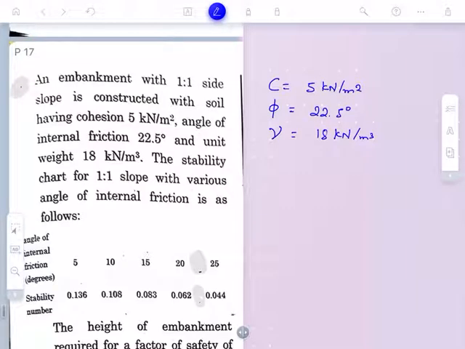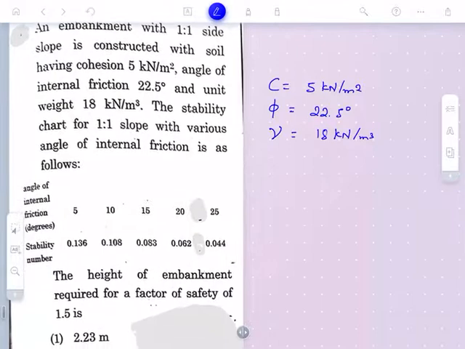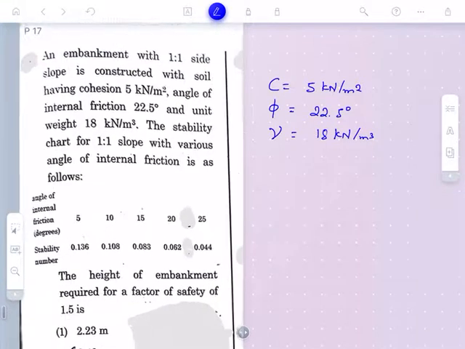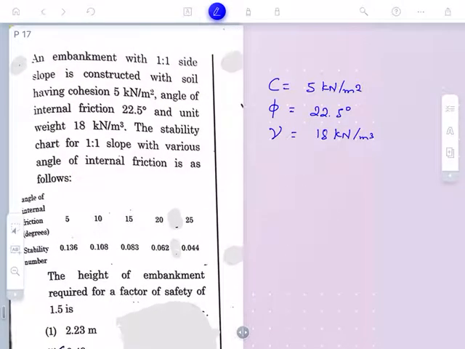The stability chart of 1:1 slope is given according to the angle of friction. This is the stability chart in which angle of internal friction versus stability number is given. The height of the embankment required for the factor of safety 1.5 is asked. The factor of safety is given.